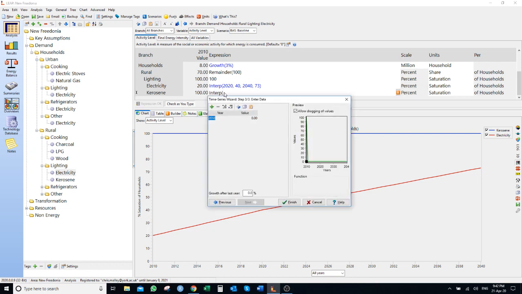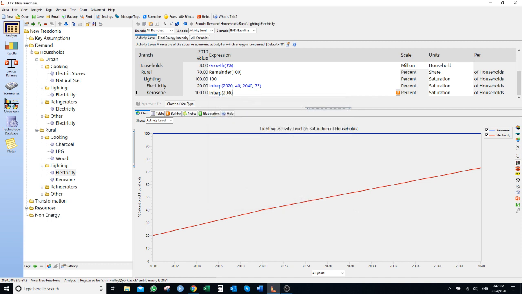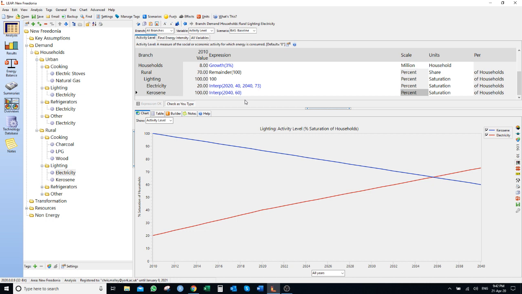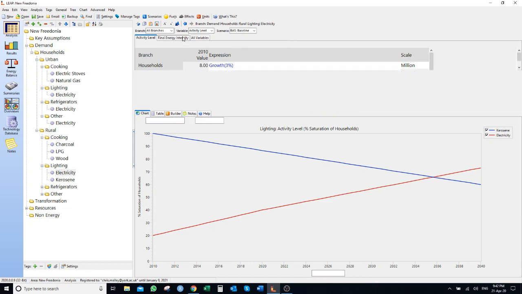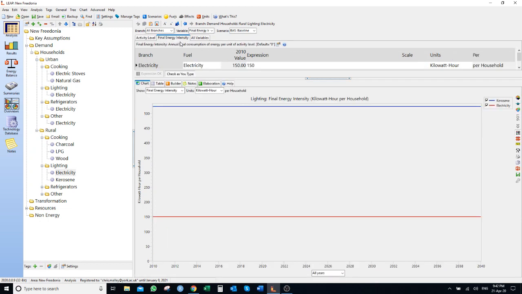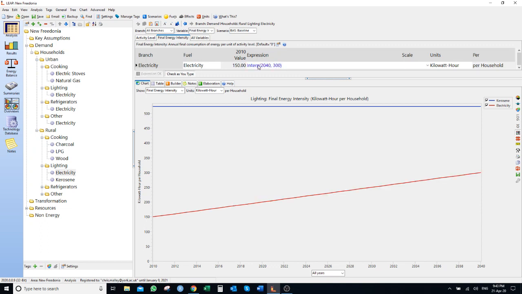So we've got this change occurring in electric lighting too. 2040, 60%. More people have electric lighting, less people need to use kerosene. As incomes increase, the energy intensity of electric lighting is expected to grow, reaching 300 kilowatt hours per household on average. So at the moment it's 150, but as more people get electric lighting, it's going to grow to 300. And that is our baseline scenario for the households sector.